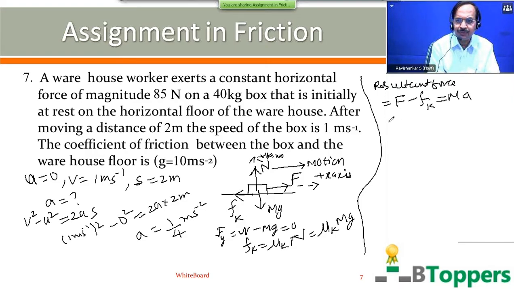Here the horizontal force applied on the body is 85 newtons, and the mass of the block is 40 kg. The magnitude of acceleration is 1 by 4 meter per second square. From this you can find the magnitude of the force of kinetic friction. Simplify this yourself, and you get the force of kinetic friction as 75 newtons.